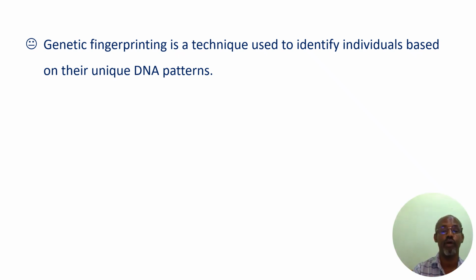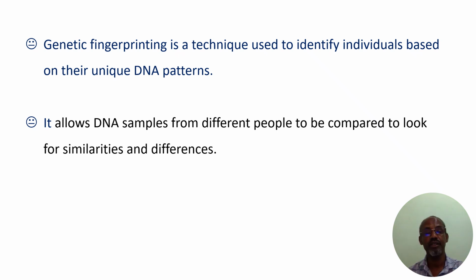I have told you what makes that unique DNA pattern: those less than 1% of the human genome, which are highly variable among humanity around the world, are the basis. Okay, we will come to the point. Therefore, simply, genetic fingerprinting is a technique used to identify individuals based on their unique DNA patterns.